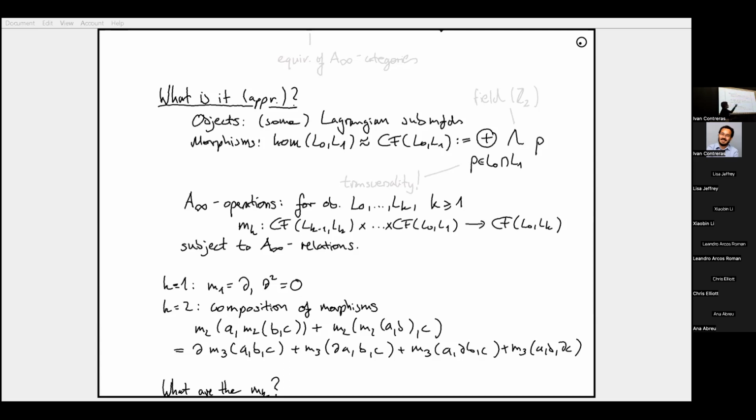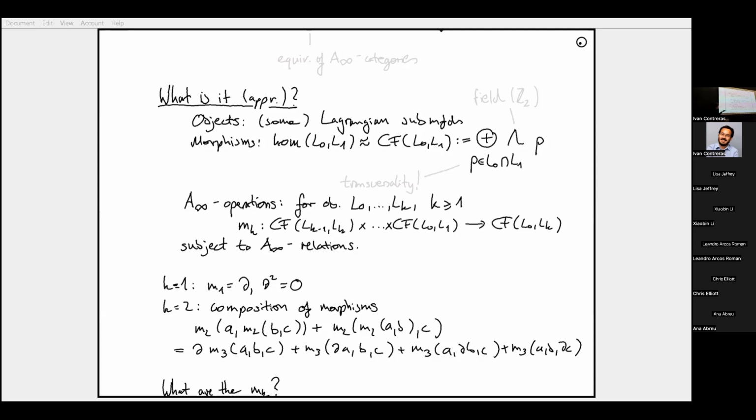If I want to take this formal sum over the intersection points, this really only makes sense if there's a finite number of them, or at least a countable number. So we want those Lagrangian submanifolds to intersect each other transversely. A priori, morphisms are really only defined between objects that intersect transversely.